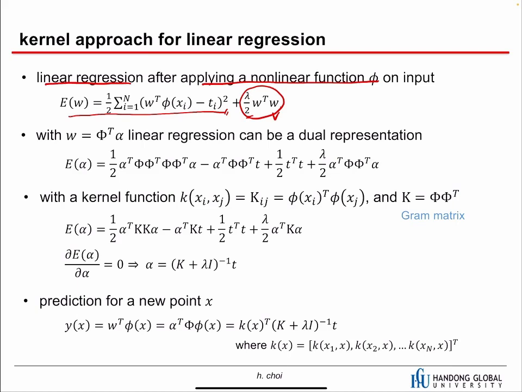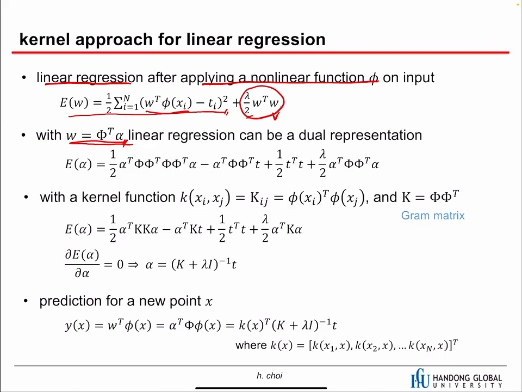With this equation, I think we already talked about this when we derived kernel PCA, right? So W can be represented by a weighted sum of the nonlinear function phi, because W should be in the same space. In this case, we have a weight W in the feature space.